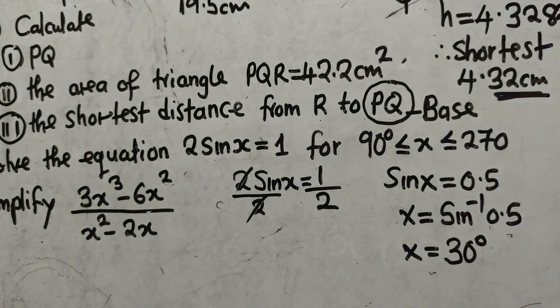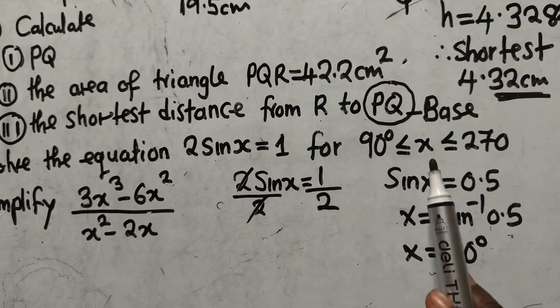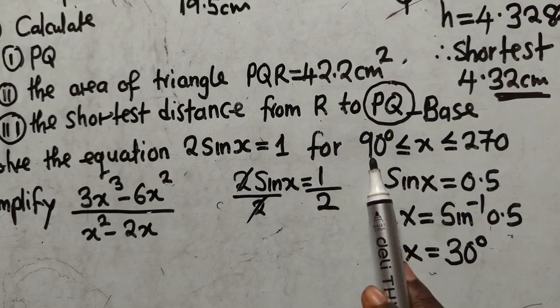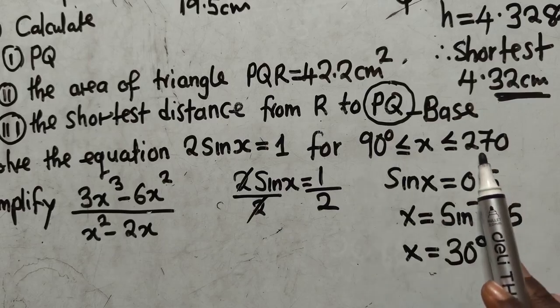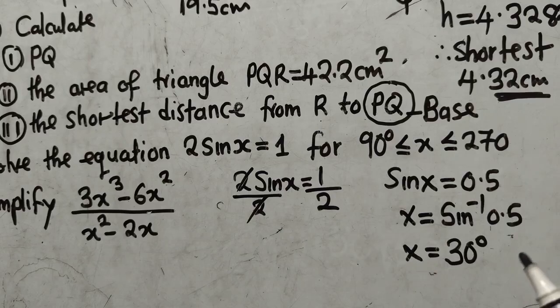There is something that is given here. We are told that the answer x lies between 90 degrees and 270. And we know and understand that sine is positive in the second quadrant.